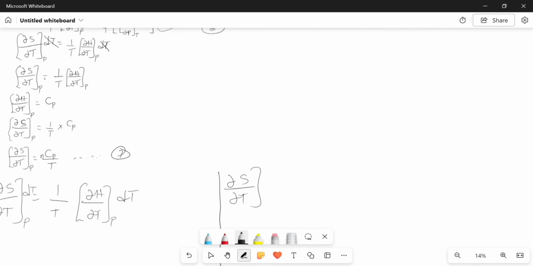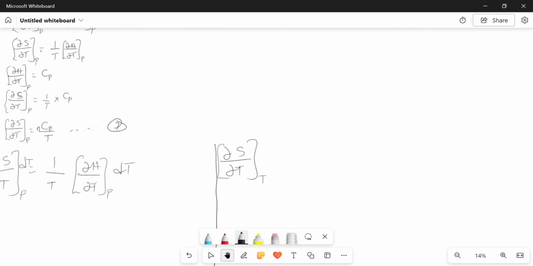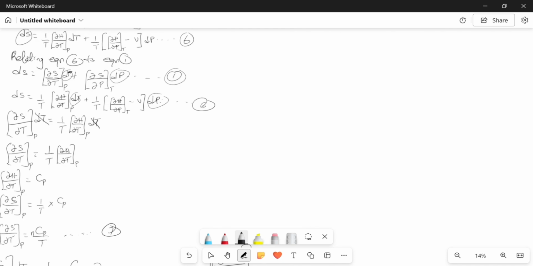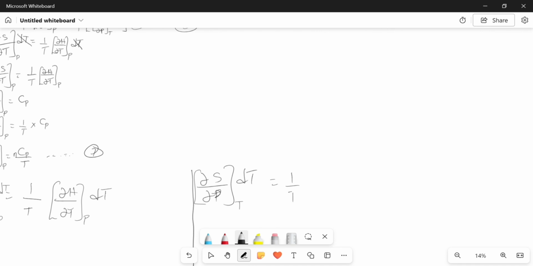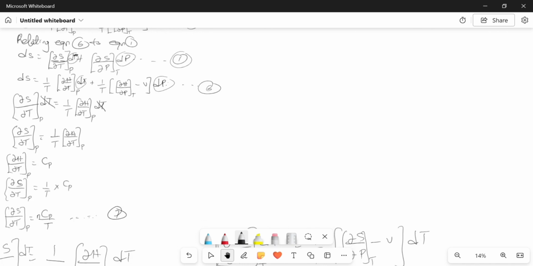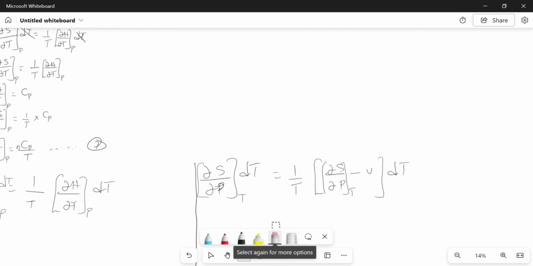We have del S over del P at constant temperature, from equation 1, which is equal to 1 over T, open bracket, del H over del P at constant temperature, minus V. No, I made a mistake: this should be dP because we have del P here, so this should be dP.